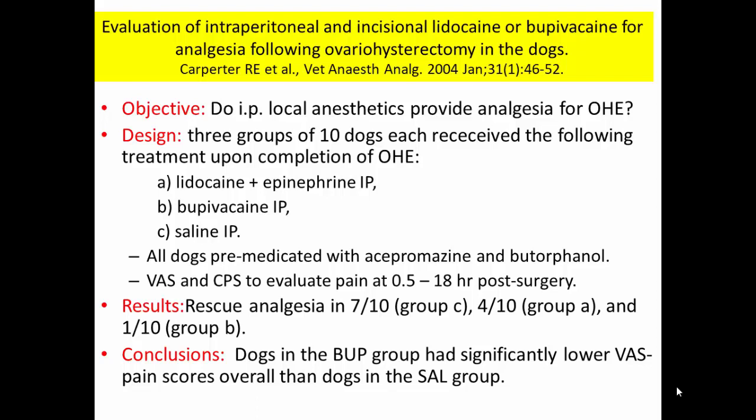And this is something that is usually not contemplated in most ovariohysterectomy protocols, and as you can see here, it is an application of the local anesthetics that veterinarians should probably be doing more frequently.